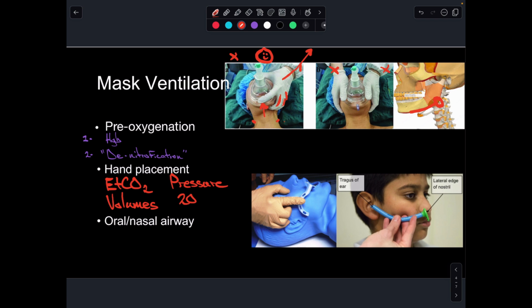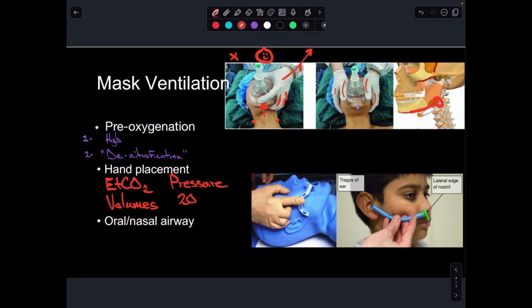There are two ways that I've seen to perform this. One is forming the same C shape as in the single-handed technique, but mirroring that with the other hand. I chose this picture in particular because Dr. Iverson at Sanford definitely prefers a two-handed mask technique in this maneuver, where you're using the thumbs to apply pressure onto the mask and then lifting with all your other fingers on both hands.